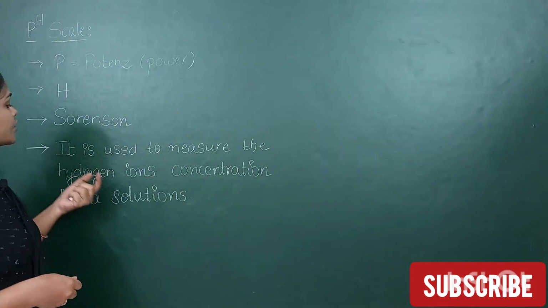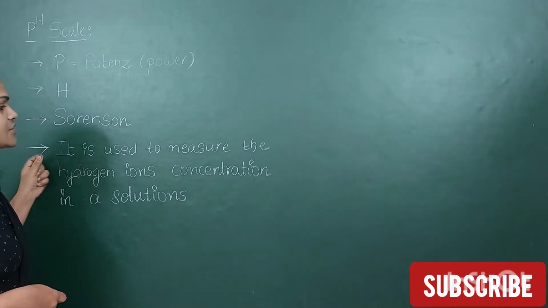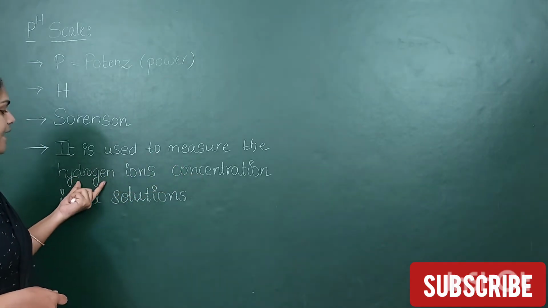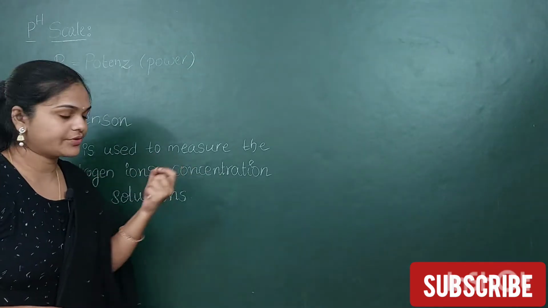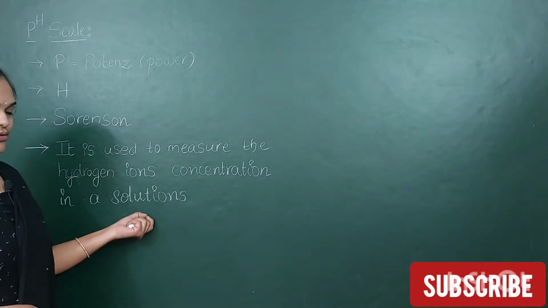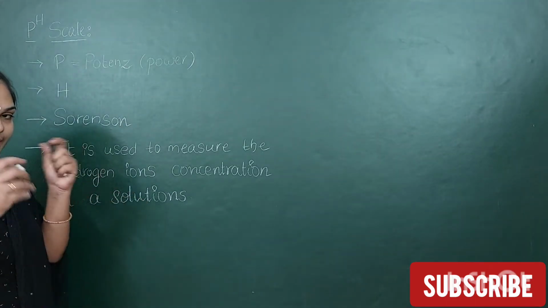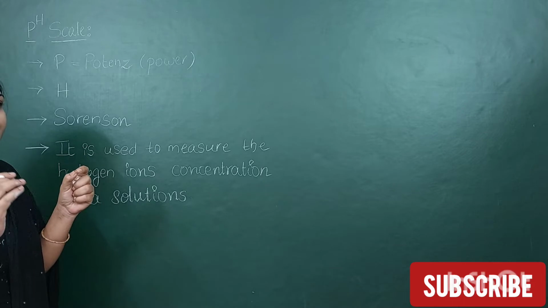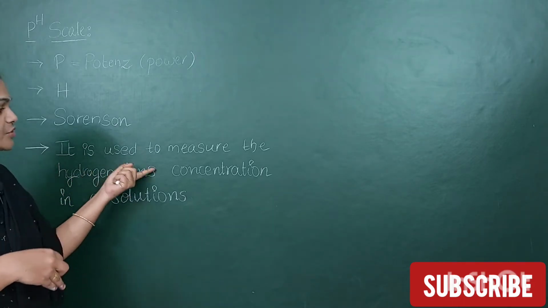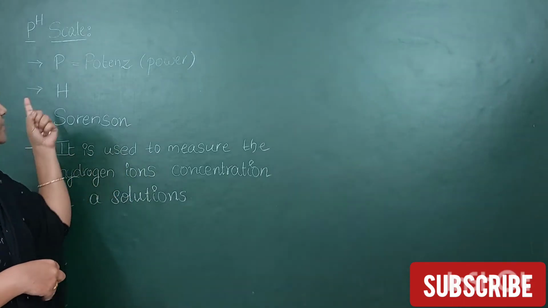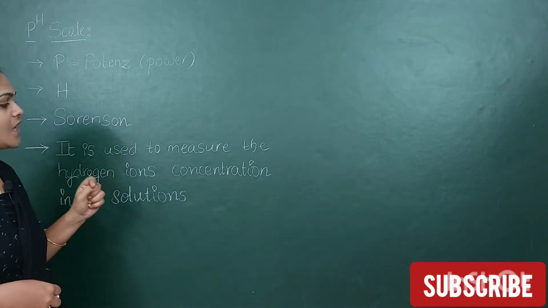The number of hydrogen ions present can be measured or calculated by using this pH scale.